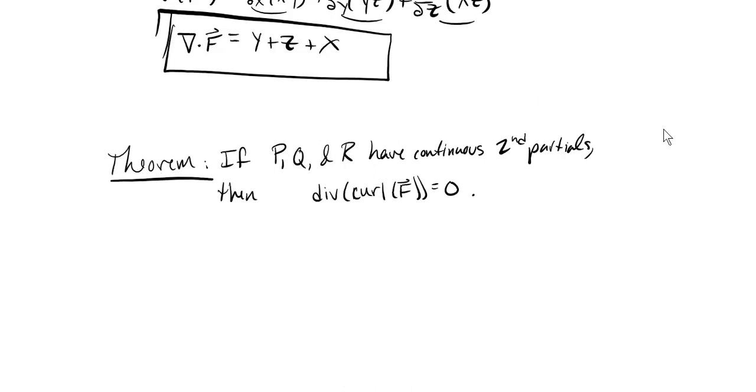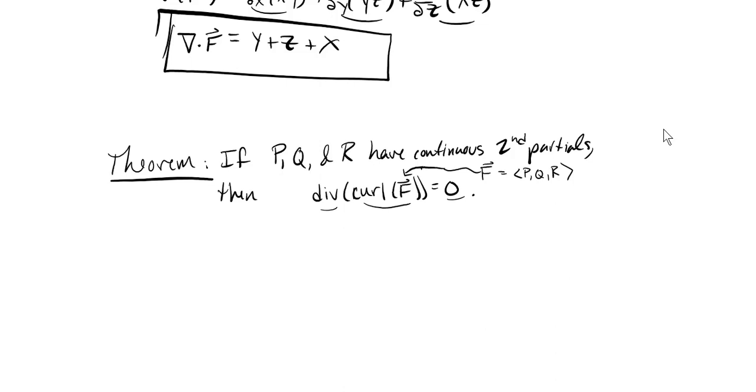If P, Q, and R all have continuous second partial derivatives, then the divergence of the curl of F, where F is this field PQR, has to be the zero scalar.